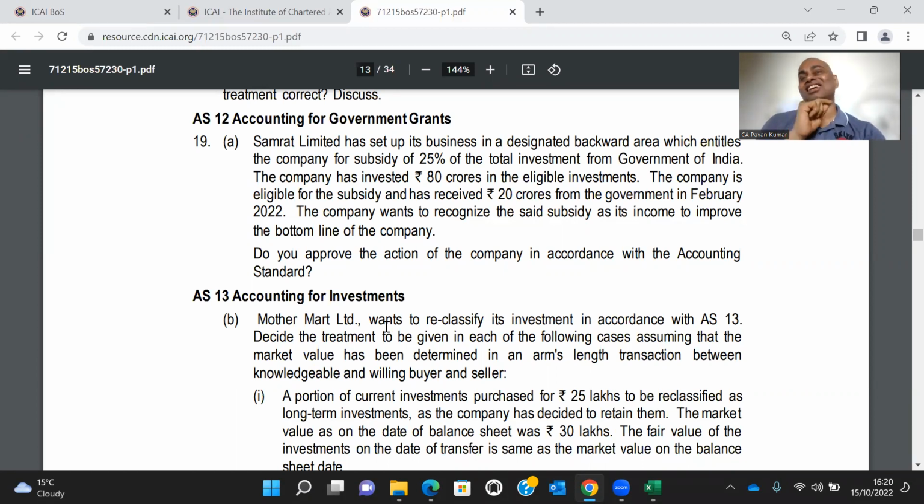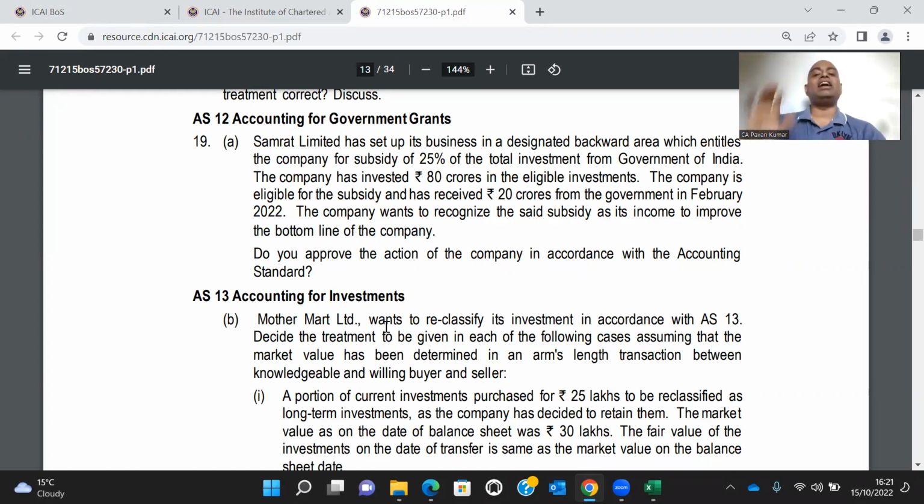I'll tell you one more technique, but don't use it blindly. In case of dilemma, benefit of doubt will be there, no? Even the third umpire, he will check 4 or 5 times whether it is run out or not. Finally, he'll give the benefit of doubt to the batsman. Like that, I'll give you one small tip. In auditing, they will write the director of the company contended so and so, the auditor contended so and so.